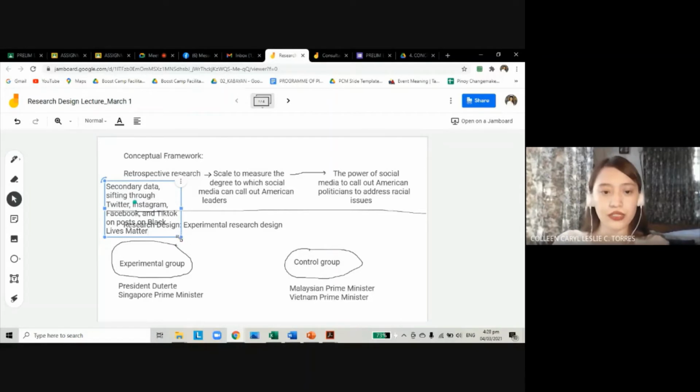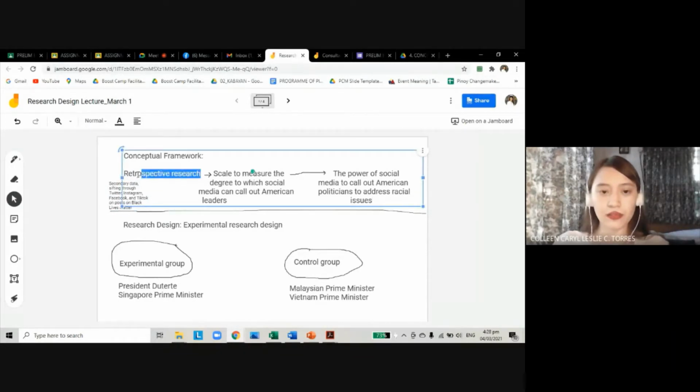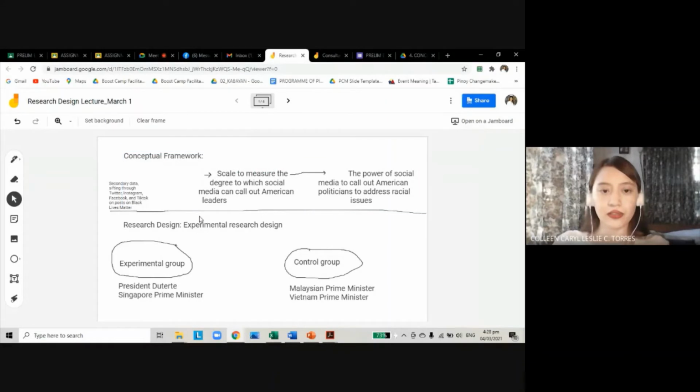So that's one aspect of the study. Right, and so for the conceptual framework, basically the input would be, we would look at secondary data, sifting through these channels for posts on Black Lives Matter.